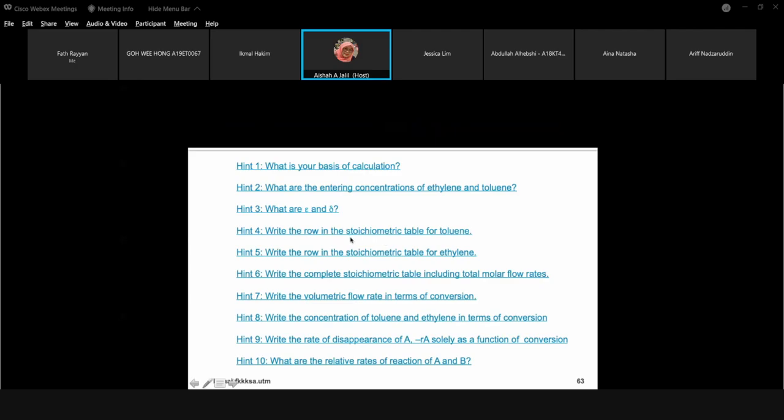And then you have to write down the rate law. And then you have to mention, lastly, the concentration in terms of X for both reactants. Then you can get the rate law, and then you can also know about the RA and RB from the relative rate of reaction. Okay, that's all.